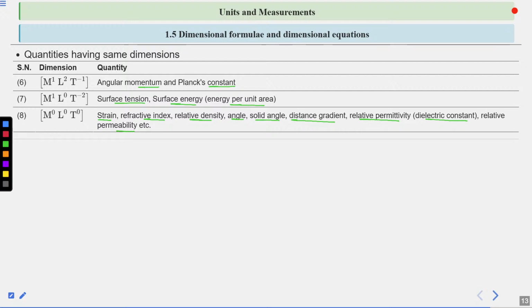Now one last question for you. What is the dimensional formula of power?